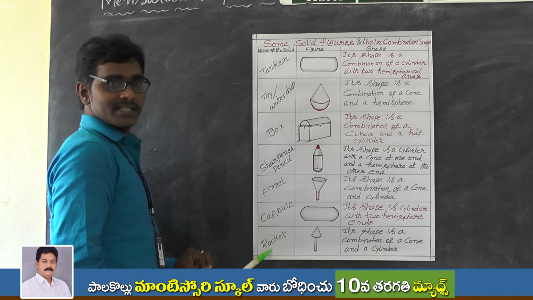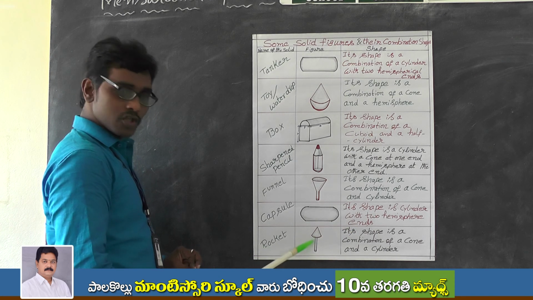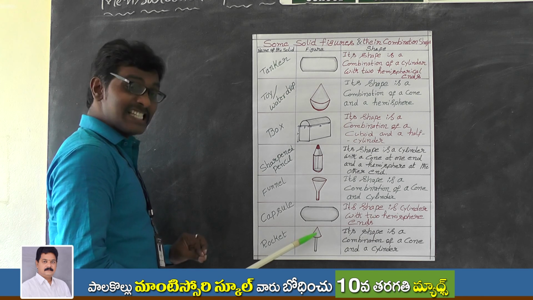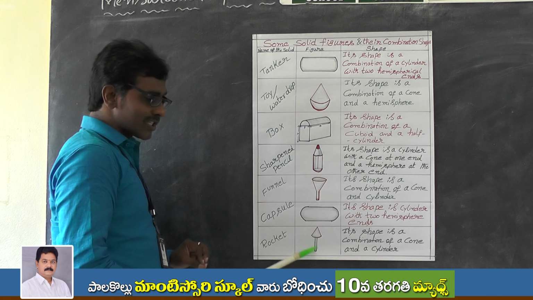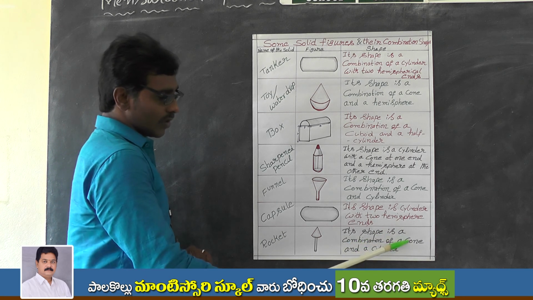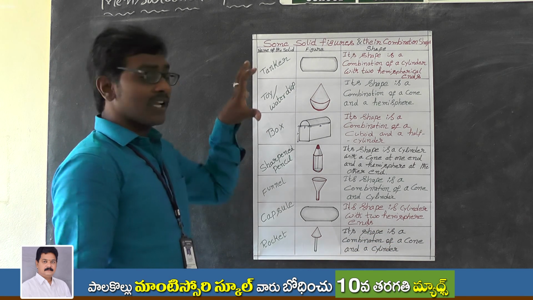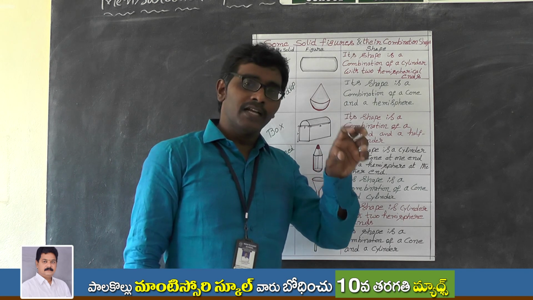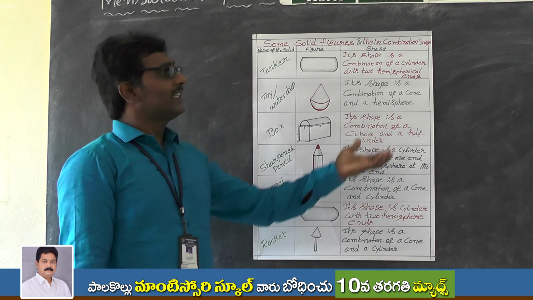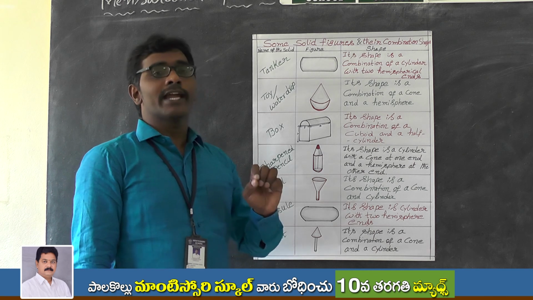Next one, rocket. This rocket's upper portion is a cone and the down portion is a cylinder. So its shape is a combination of a cone and a cylinder. The public examination is oriented on this chart. One question is: draw the rocket.